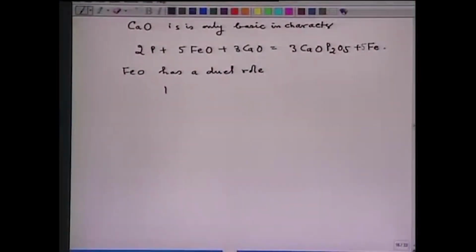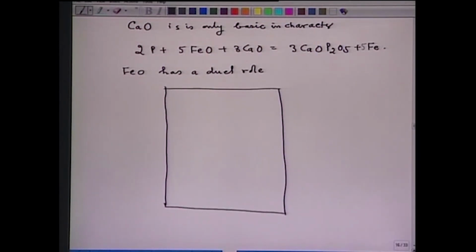Now, this effect is illustrated in the following figure. If I plot weight percent FeO against percentage P2O5 in slag upon percentage phosphorus in metal, that is the index of dephosphorization or coefficient of partition of phosphorus between slag and metal, whichever way you want to call it.